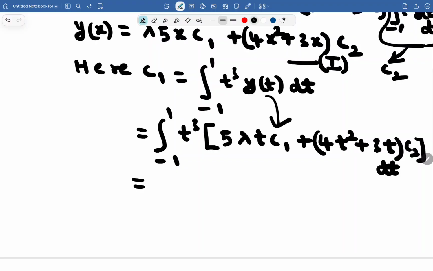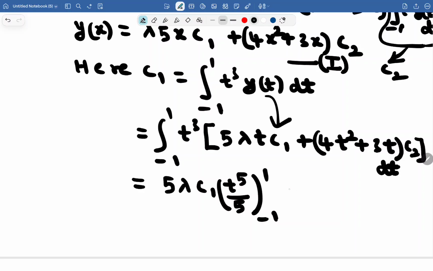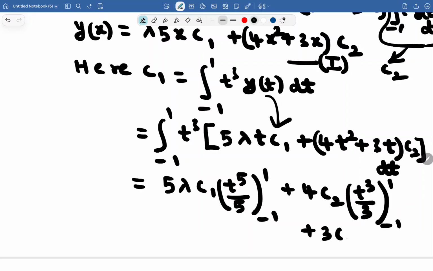Now integrate with limit minus 1 to 1. 5 lambda t cube into t power 4. If you integrate, it becomes t power 5 by 5, limit minus 1 to 1, plus 4 C2 t square dt. If integrate, it becomes t cube by 3, limit minus 1 to 1, plus 3 C2 t dt, t square by 2, limit minus 1 to 1.